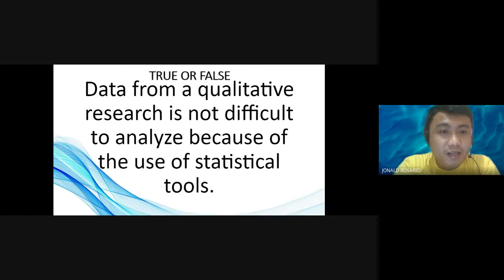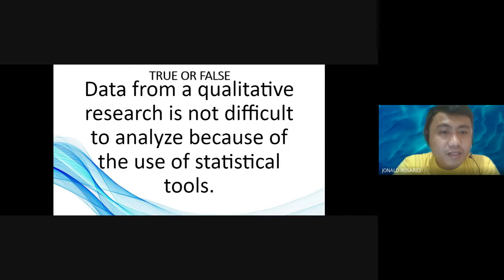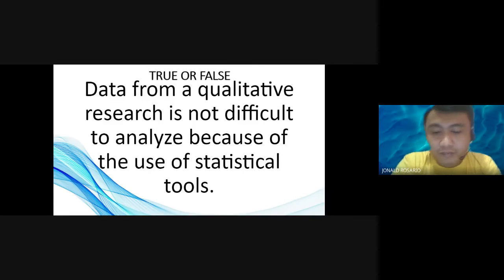It involves numerical data. Paano mo i-correct yan? Because of the statistical tools used. So, hindi siya pang-quali na. Opo. So, ano dapat yan? Quantitative. Very good.